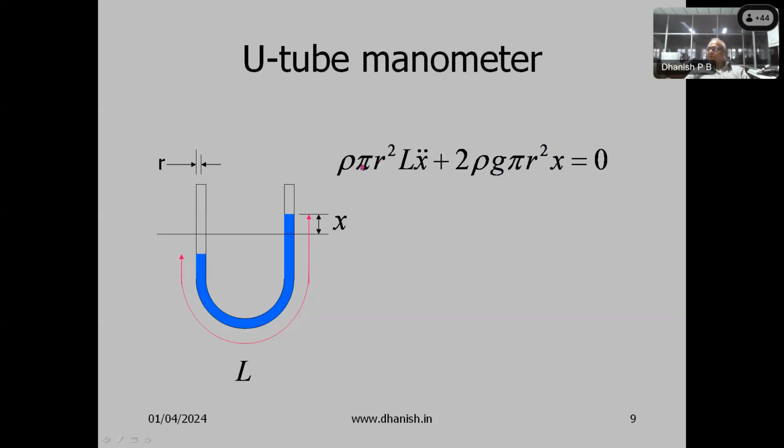The inertial forces are given by this. The total mass is pi r square into L, the total mass of the system. The whole thing moves up and down. So pi r square L into rho is the mass of the system, the total mass of the mercury in the U-tube. So mass into x double dot is the corresponding term because of the inertia of the mercury.